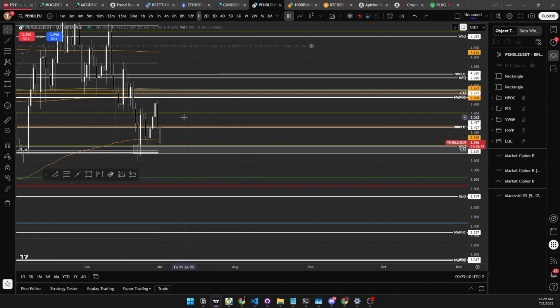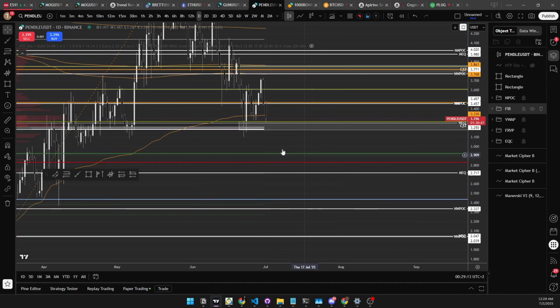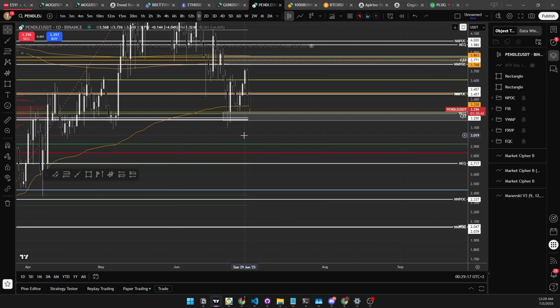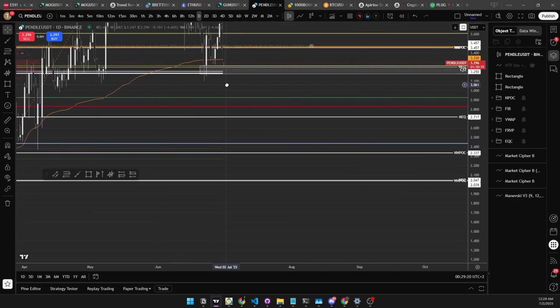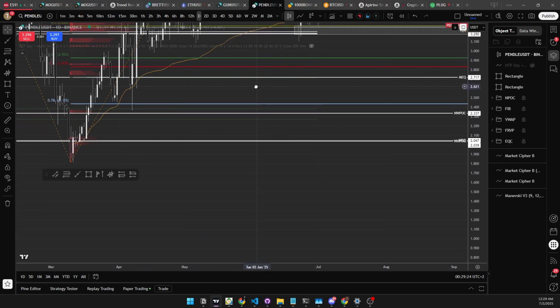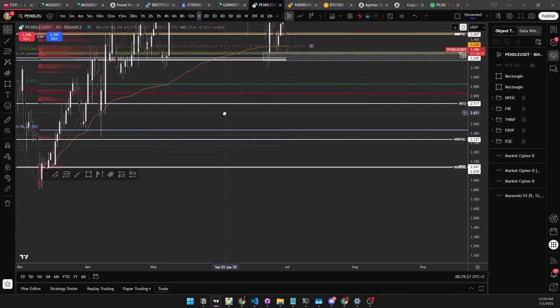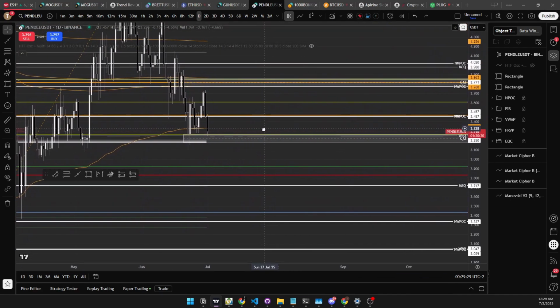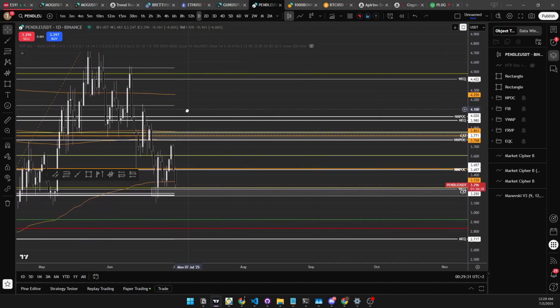Now, does it mean much? Maybe, maybe not, right? But yeah. We have a golden pocket here, but I'm just gonna leave the levels like they are.